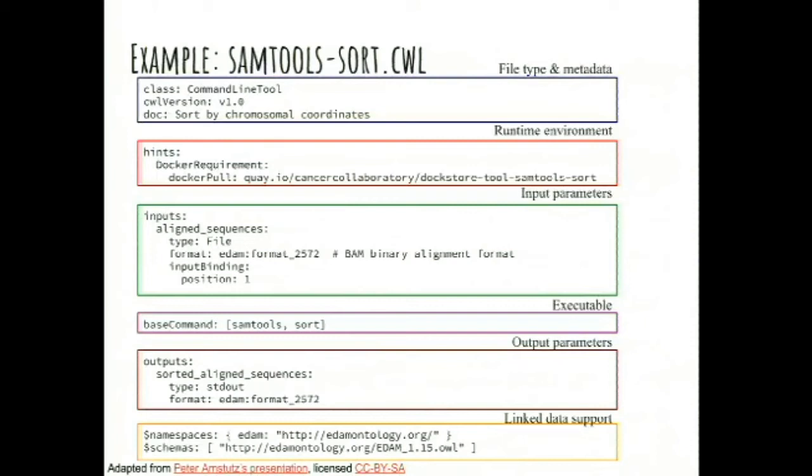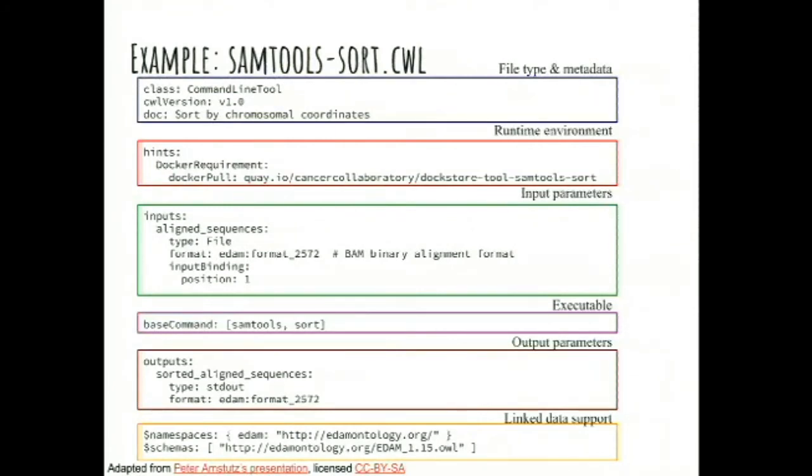So who's used samtools sort? Yeah, okay, cool. So it's a common command we use in sequence analysis. I'll go through these steps, but first I mentioned the pluggable linked data. So CWL is ignorant of bioinformatics concepts, but we can plug in the EDAM ontology. We even give it a shortcut. We even say which exact version and where to get that.